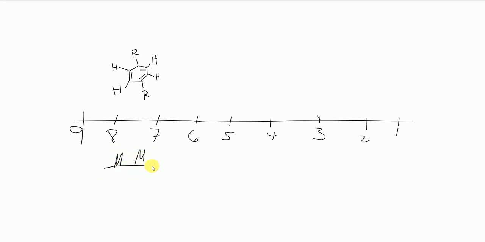Okay, there's going to be 2 of them, and each one of them is going to have an integration of 2 on it. So 2H, 2H. Each one is just saying there's 2 hydrogens. Sometimes it can be rewritten as a total of 4H because they're symmetrical.